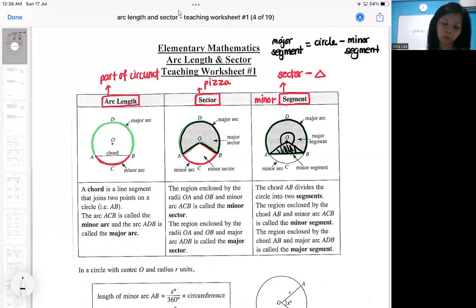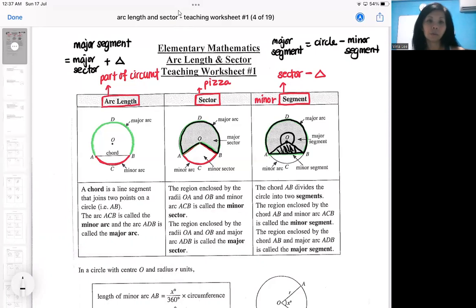So this is another way for the major segment. This is asked in O-level, and some may have a mind block when it comes to that. It can be the major pizza plus a triangle.